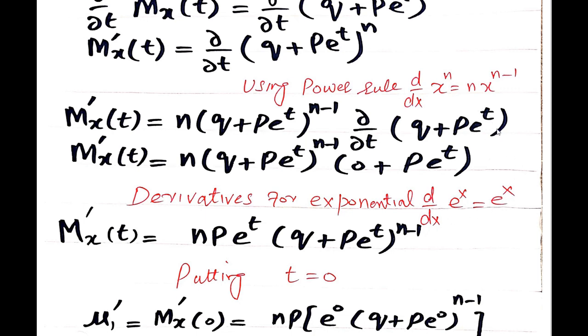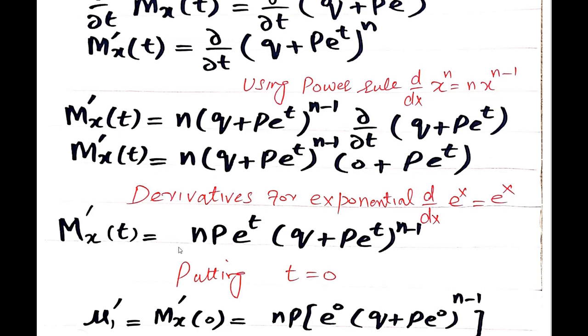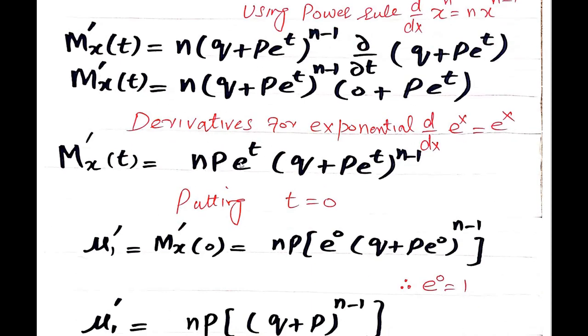In our equation, we differentiate with respect to t, and the derivative of e^t is e^t. So our final derivative is npe^t (q+pe^t)^(n-1).